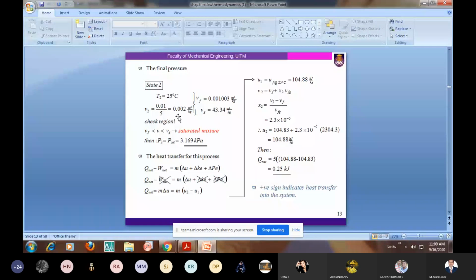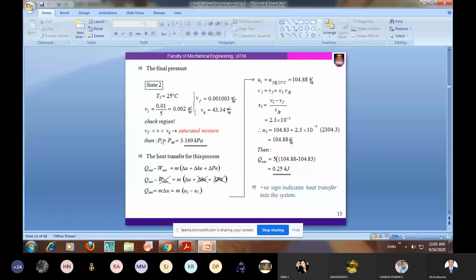We have the specific volume for fluid and the specific volume for gas taken from the tables, so we compare these three values. 0.002 is obviously in between these two values. So we have a saturated mixture, that is the second condition.